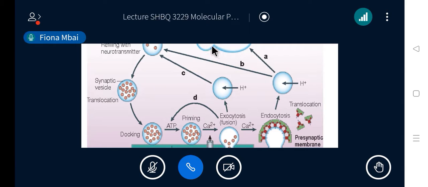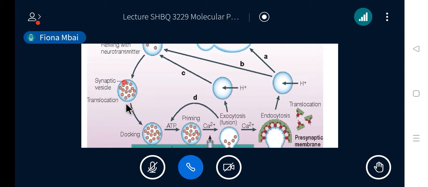In this early endosome, you have a budding of a portion which contains certain molecules. So when it buds, you get, say, for example, neurotransmitters getting inside and it is refilled.